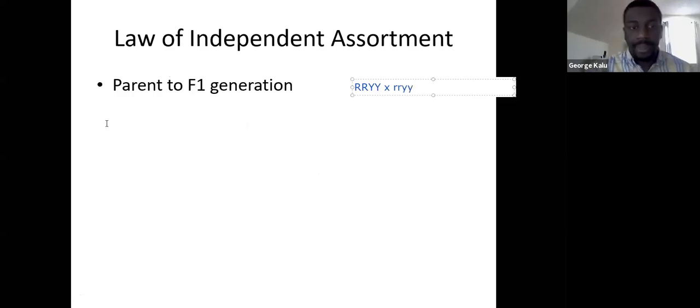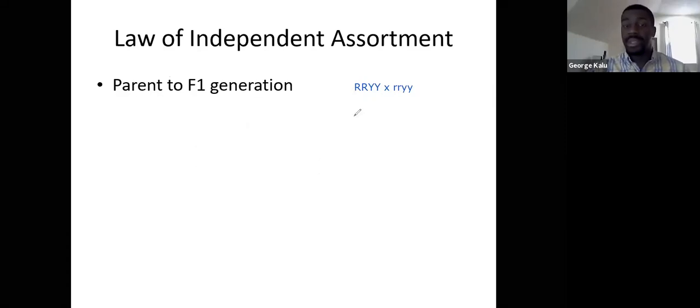To do this Punnett square, because we're dealing with two different genes, we cannot just use our normal 2x2 Punnett square. Things get a lot more complicated here. So instead, we're going to make a 4x4 Punnett square. I'll draw this over here.